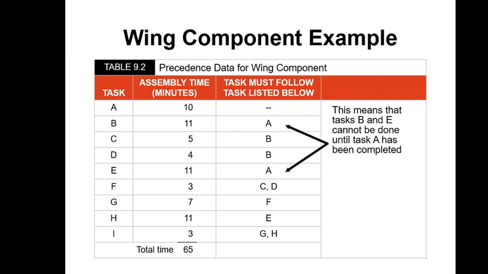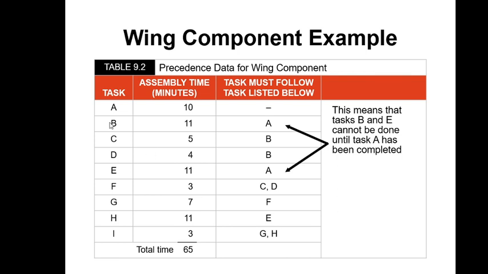This is given, of course. As you can see, this is the precedence data for the wing component. I will repeat, this information in this table is given in the question, because without this information you cannot really solve the problem. But I would like to clarify things in this table before we start our solution.